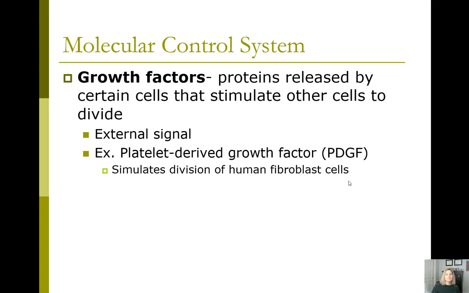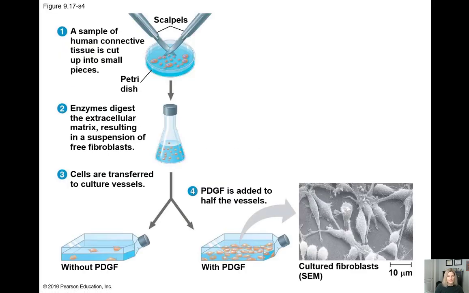And so the cells near the area will release this growth factor PDGF, which will stimulate the division of these fibroblast cells in order to go ahead and stimulate the growth of new cells in that region to help heal that wound from that blood rupture. Okay. So here's an example of that.